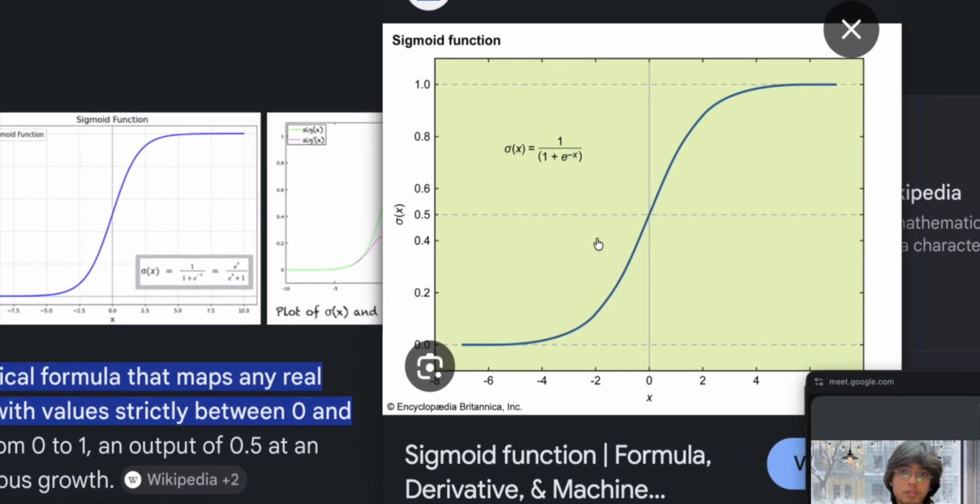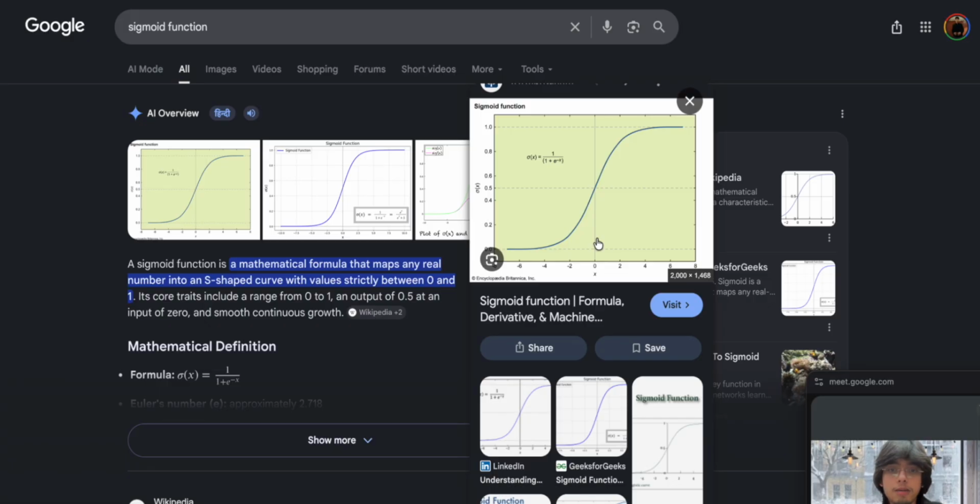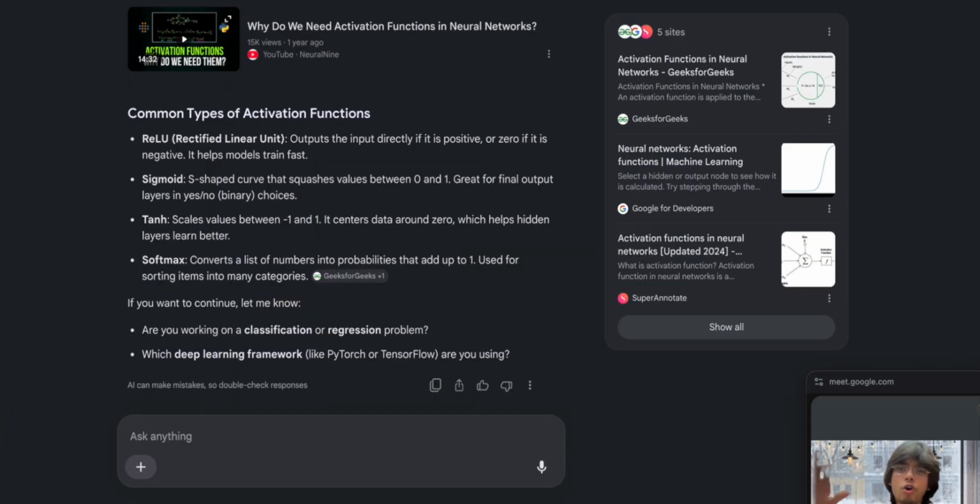But that's a common question again: why are we using a sigmoid function? Because our outputs could have been anywhere on the number line, so we wanted some definite range. That's why we use this. Now, this is called an activation function, and there are many common activation functions. As you can see in the list here: ReLU, sigmoid, tanh, and softmax.